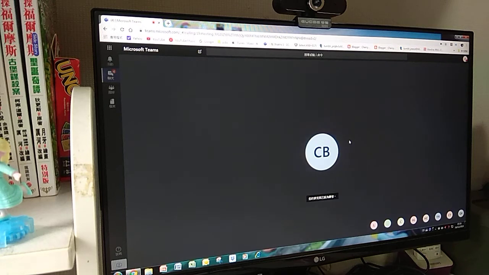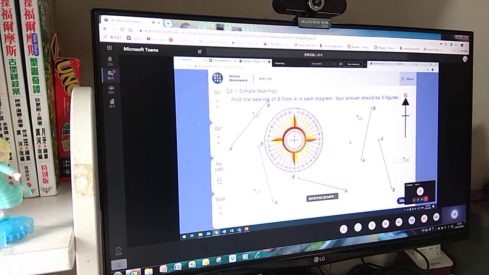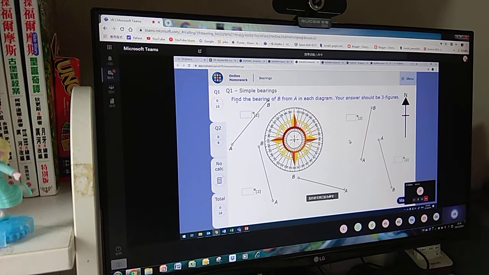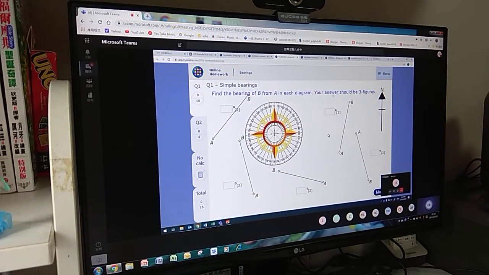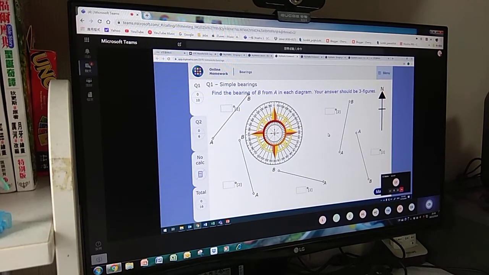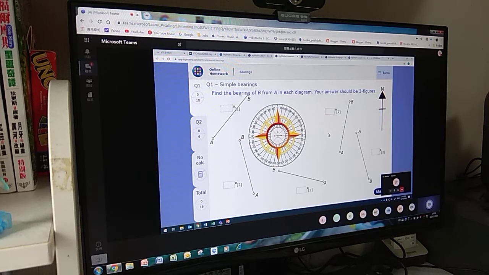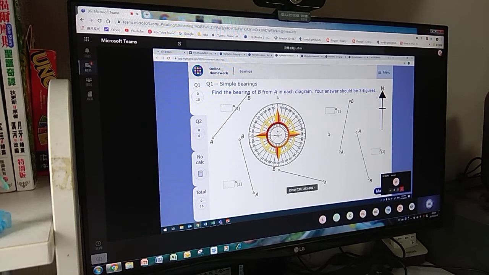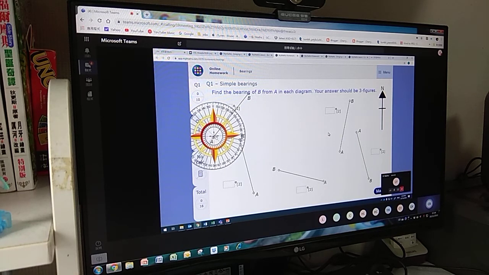So maybe I think it's better to deliver the knowledge by the exercise. So this one. Now the question is asking you to find out the bearing of B from A in each diagram. Your answer should be in 3 figures. So how can you do it? Every time the question is asking you to find out the bearing of B from A, you have to put the protractor on the point A. Okay?